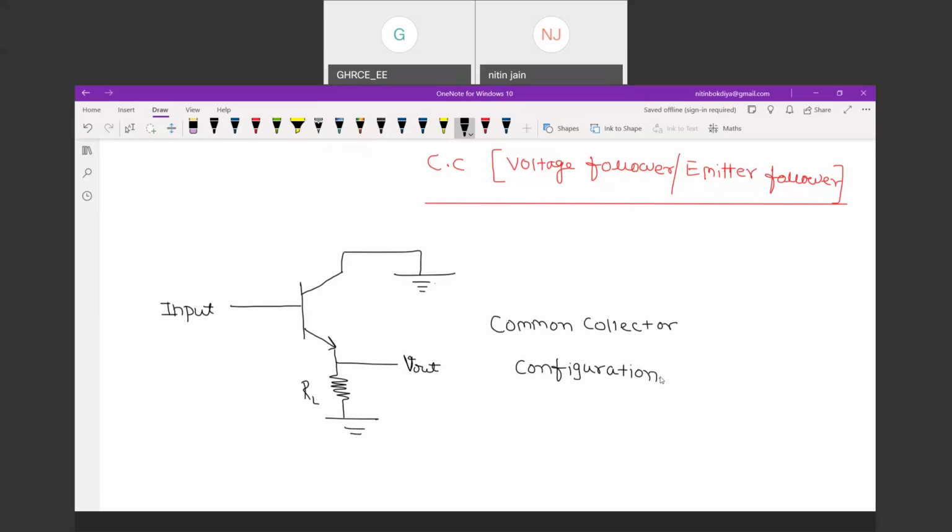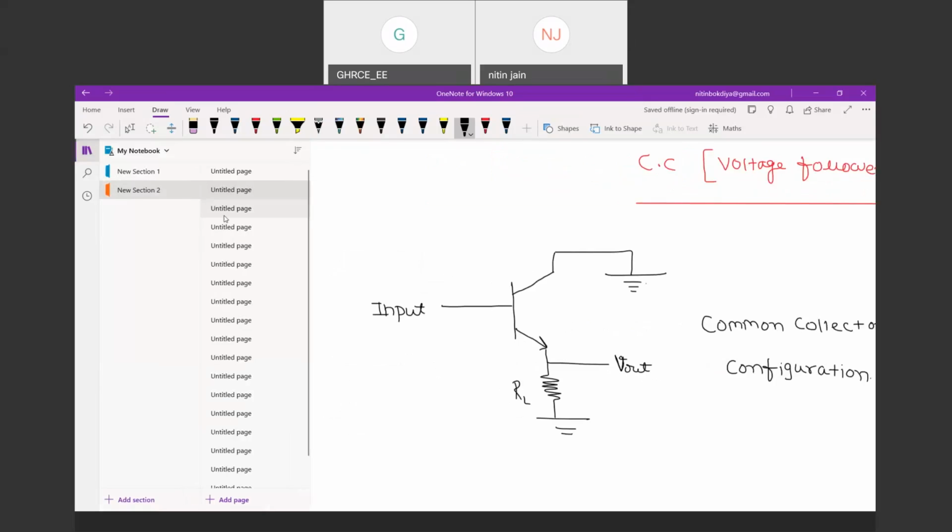So this is the idea for three types of amplifier, transistor BJT based amplifier.